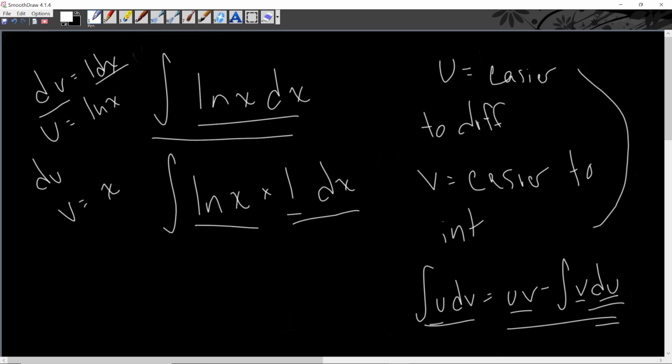And then from here, we have du. We're going to have to differentiate u with respect to x, and that's going to be ln x with respect to x. So what's the derivative of ln x? Well, it's going to be 1 over x dx, right? And from here, we just need to plug in everything.